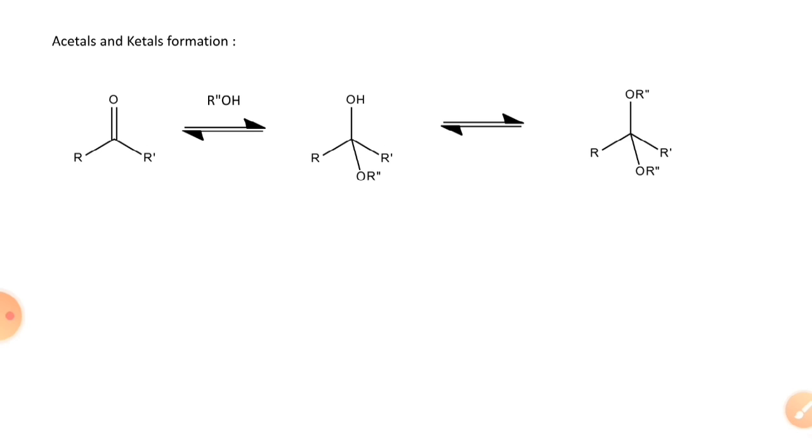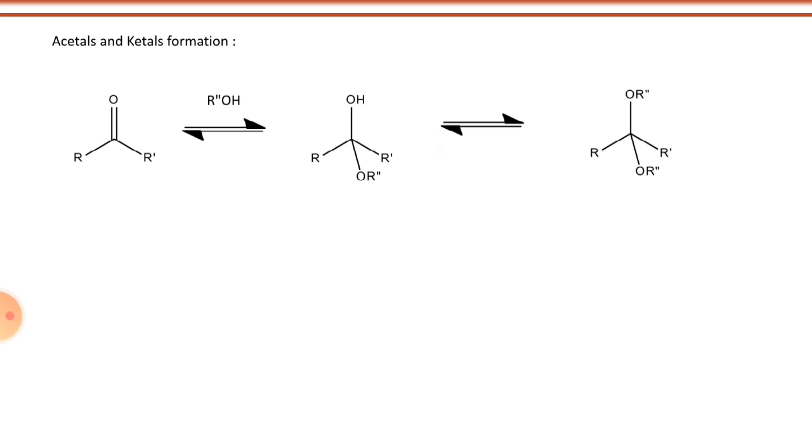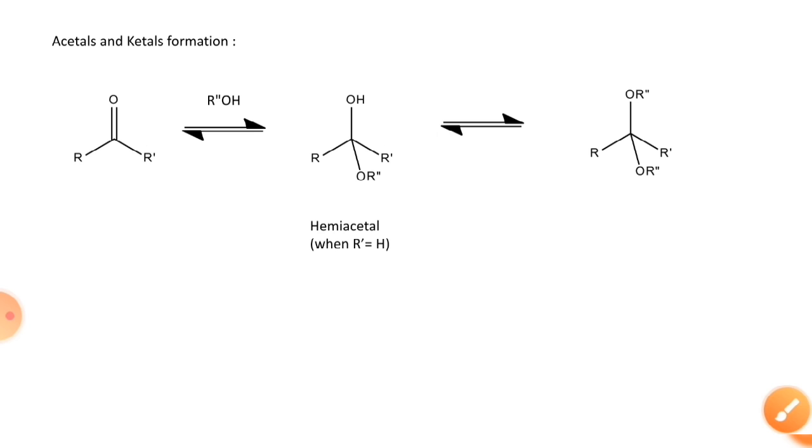Now if this type of compound forms with an OR double prime and with an OH group, then we can call it hemiacetal when R prime is equal to hydrogen.